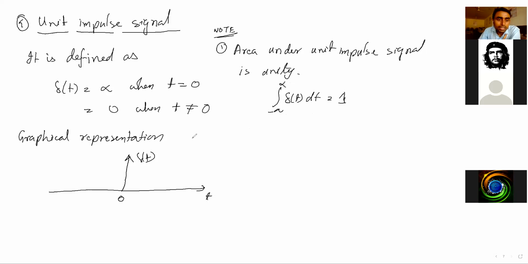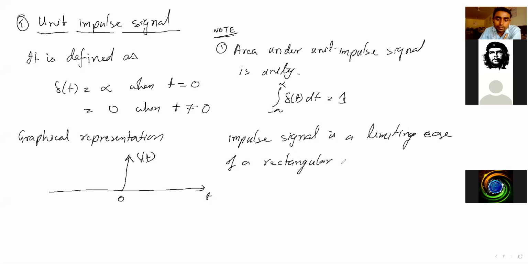we can say that impulse signal is nothing but a limiting case of a rectangular pulse. Okay, therefore since the area is 1, we can say that impulse signal is a limiting case of a rectangular pulse signal.